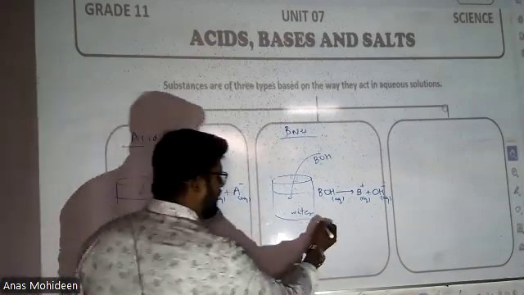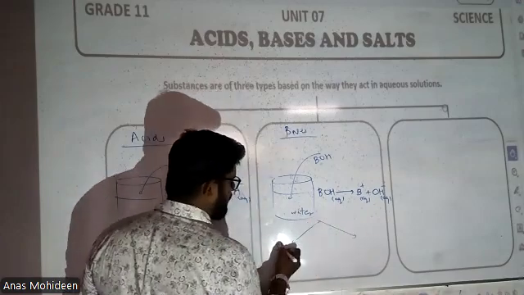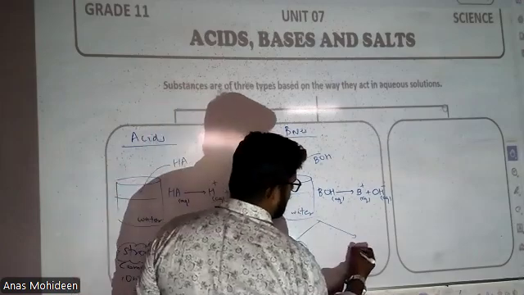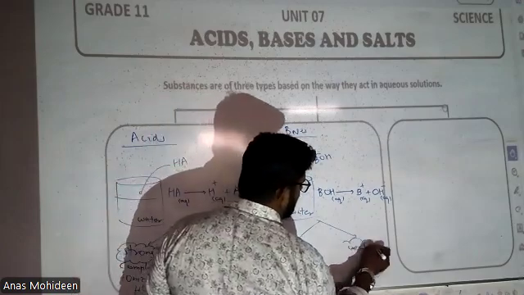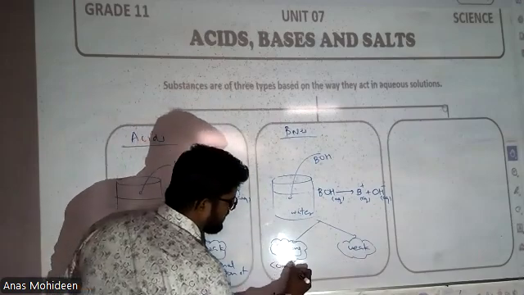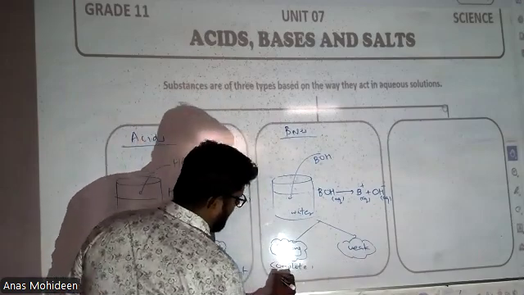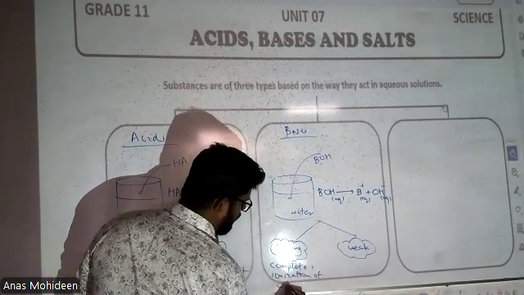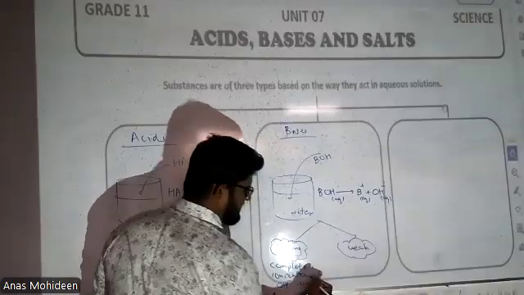Base. So this also we divide into two. What are the two? Strong bases and weak bases. Now you know what is strong and weak. How do you say here? This is complete ionization of OH minus ions.